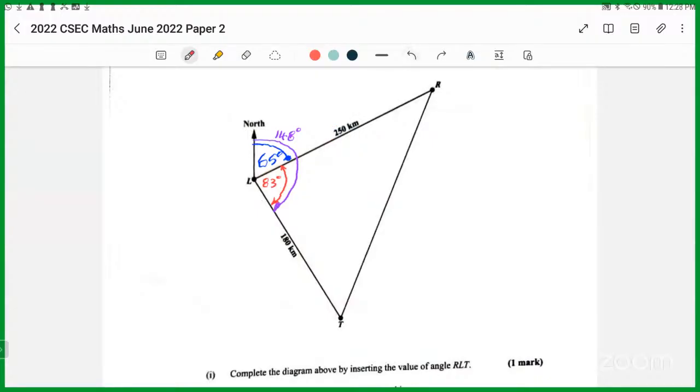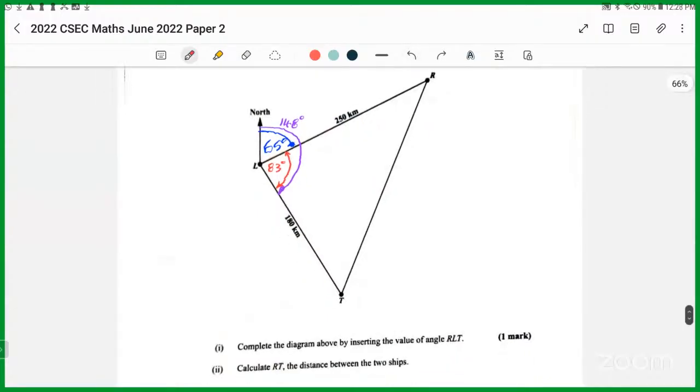Alright. It says copy the diagram above and insert the value of angle RLT. That's what we just did. RLT is 83 degrees. And it said insert it. But let's show how we get the calculation.